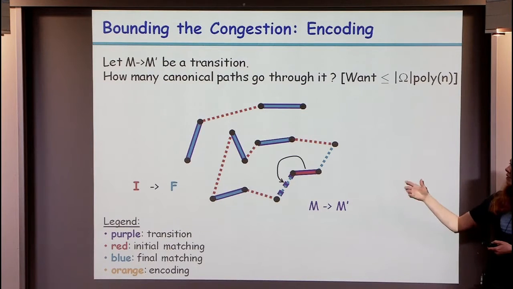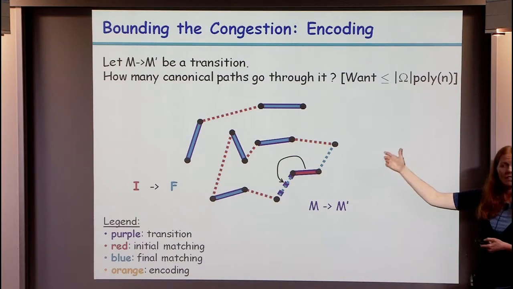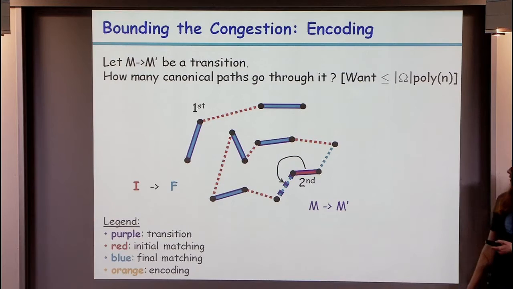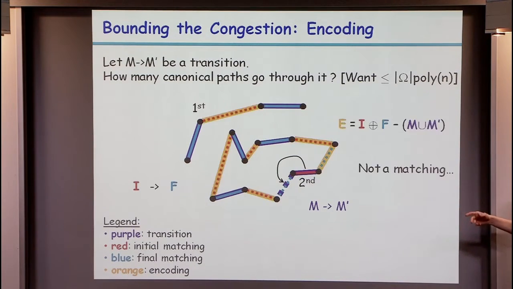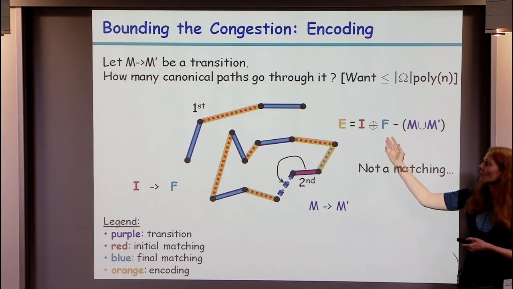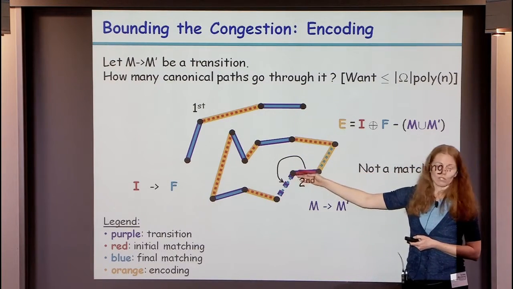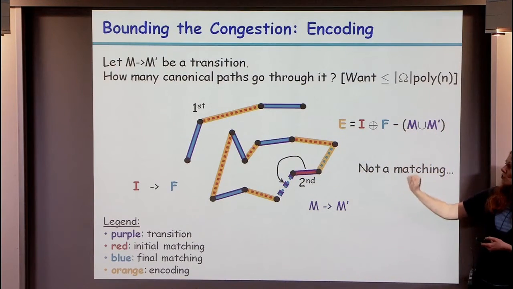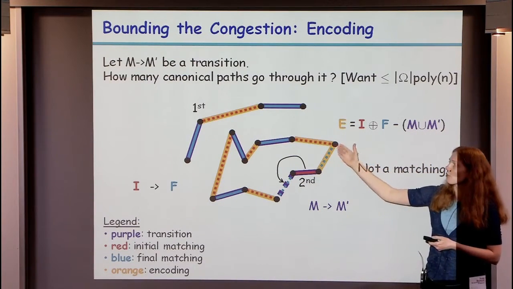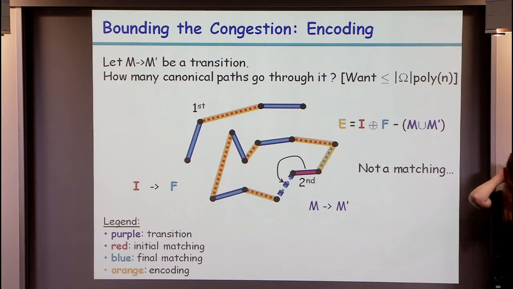So now if we try to encode this red and blue pair, we still look at who is first, who is second component. We get the encoding as taking the union or symmetric difference of the red and blue. We remove the purple edges, the transition, and we are left with this orange. But now, is this a matching?